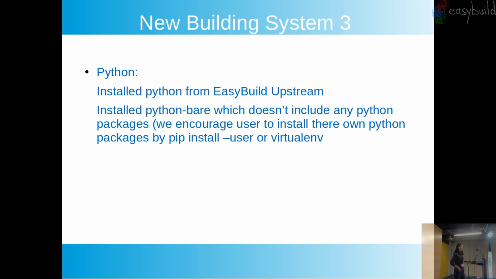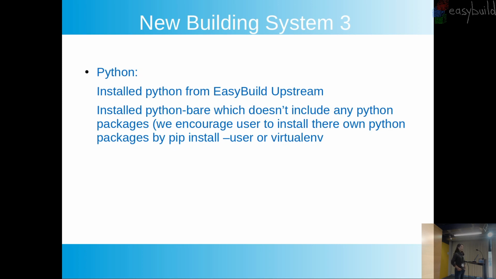For Python, the problem is that lots of users request Python packages with special versions, which is a little bit hard for us. So now we designed it so that we first install Python with the EasyBuild upstream, which includes the basic Python packages.